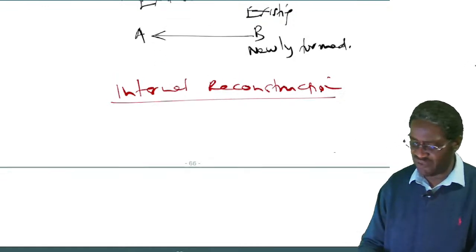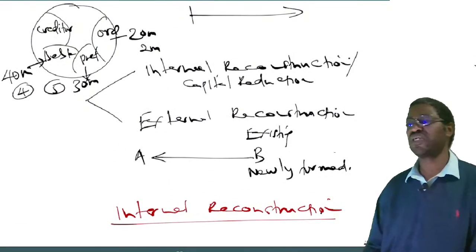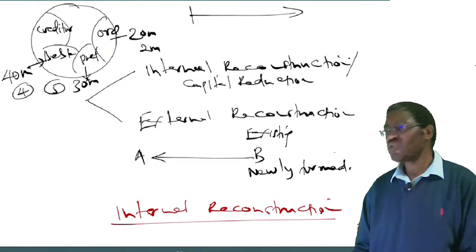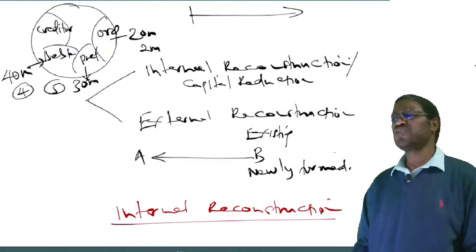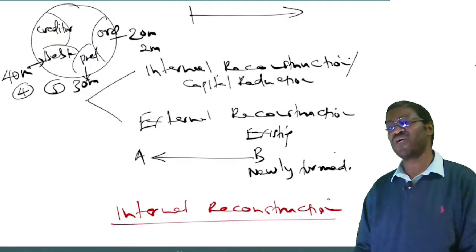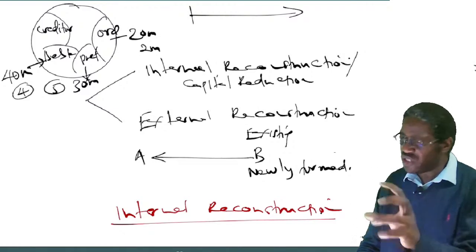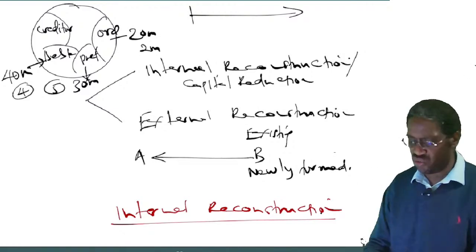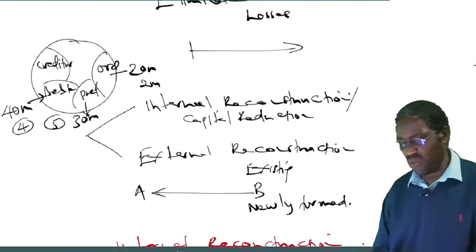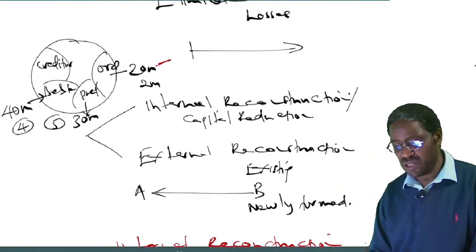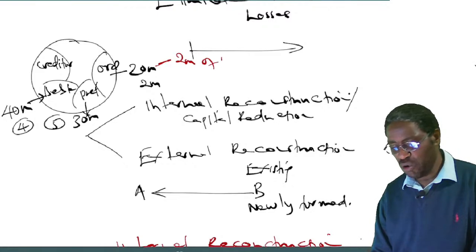Don't forget, you as company A owe the ordinary shareholders 20 million. I want to assume that 20 million comprises 2 million shares of shillings 10 each.